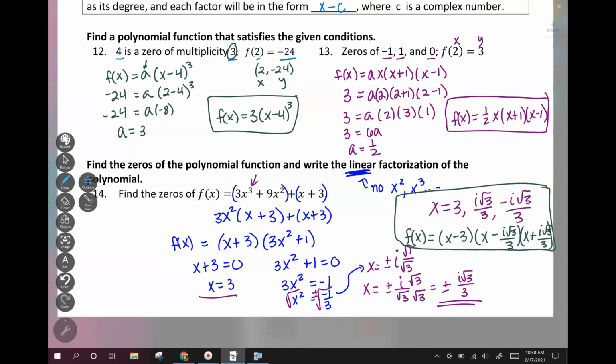Sorry, that got a little messy there at the end. So these are your 3 zeros, which we got by setting our factors equal to 0 and solving for x. And then we just took those zeros and put them back into factored form to get the linear factorization.